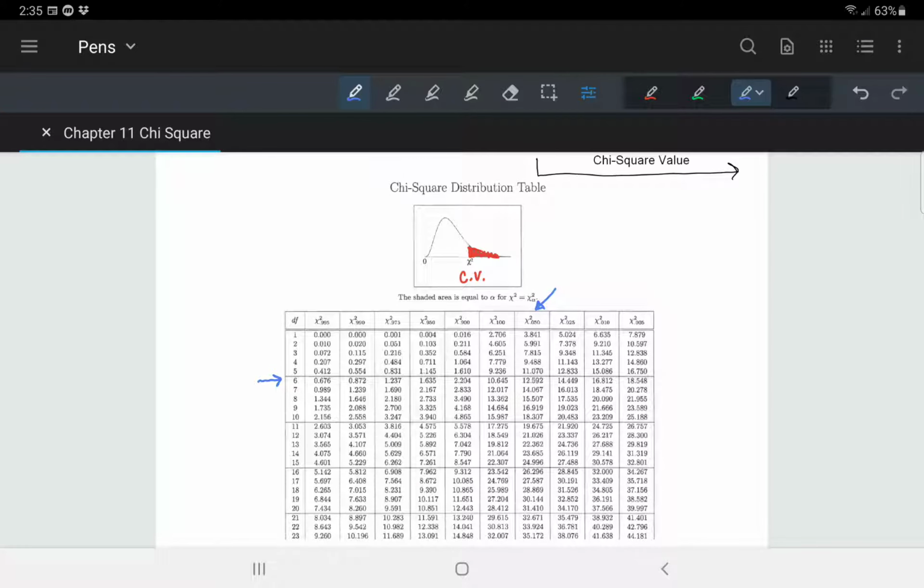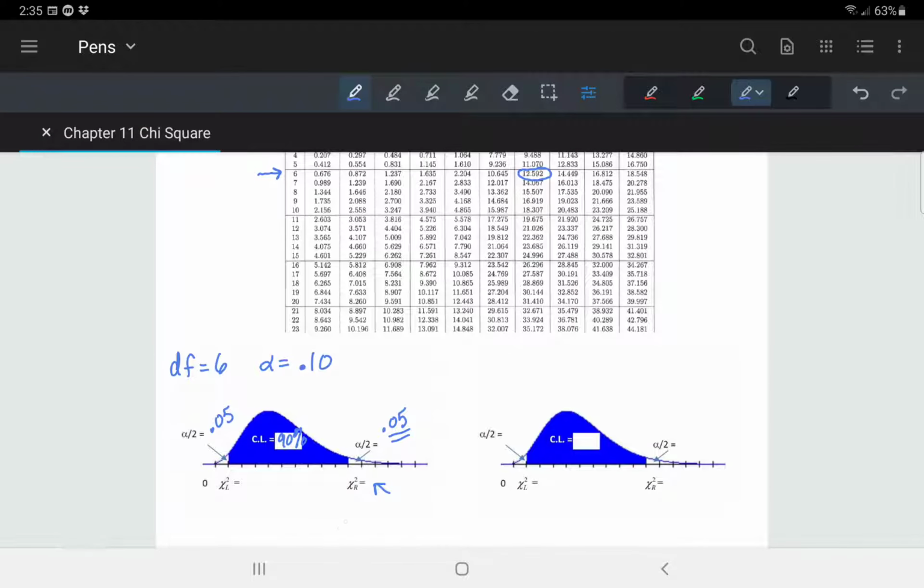And where these two meet, 12.592. This is our right hand critical value. So this corresponds to chi-squared, and then we just put the 0.05 here. That's from the table. That's not the degrees of freedom.